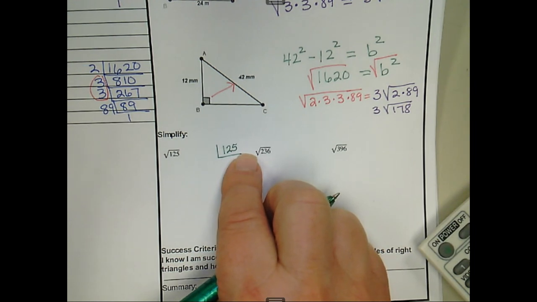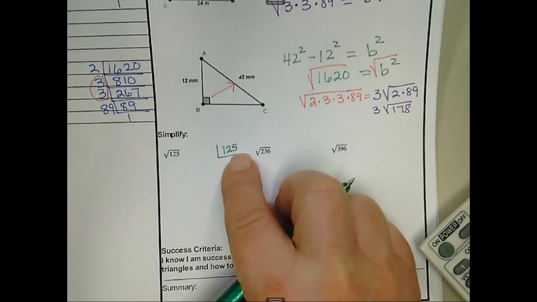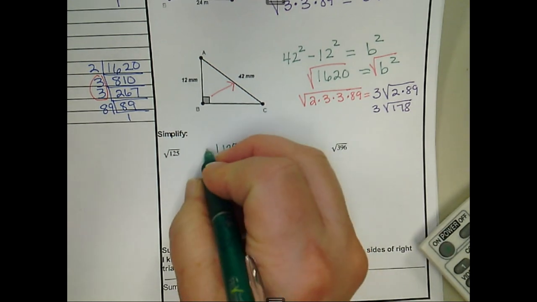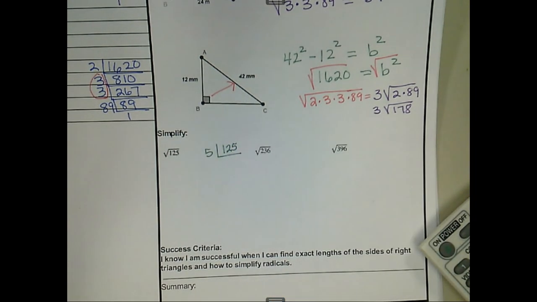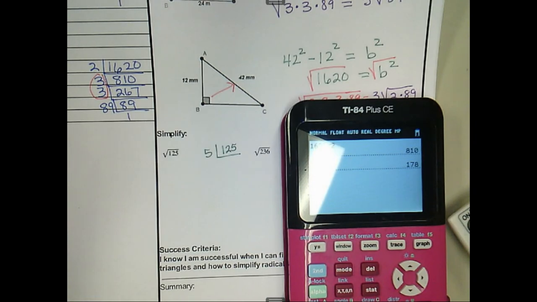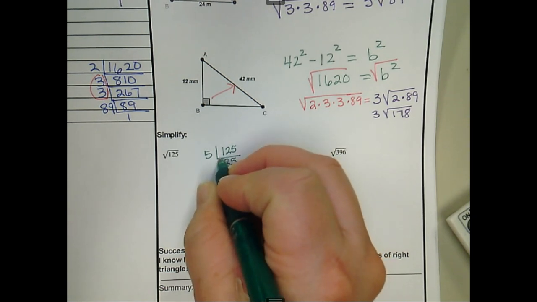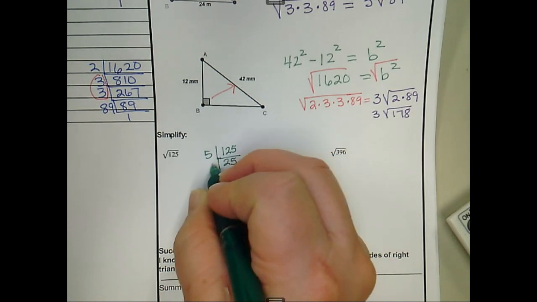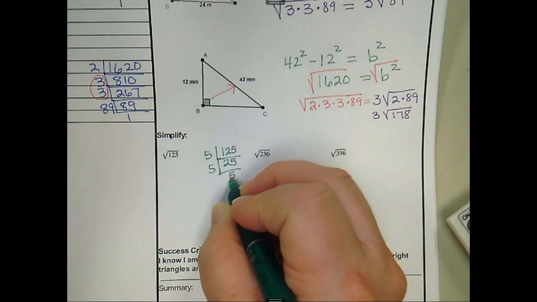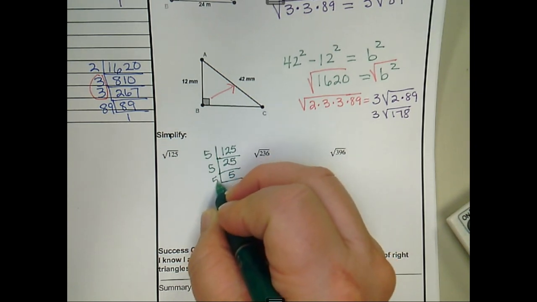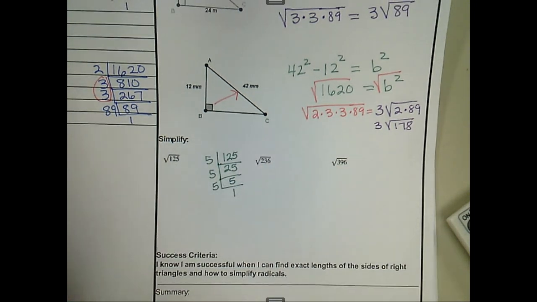I cannot divide by 3. So I look at that last digit. It is a 5. I can divide by 5. I get 25. I divide by 5 again. I get 5. 5 is prime. When I hit 1, I am done.